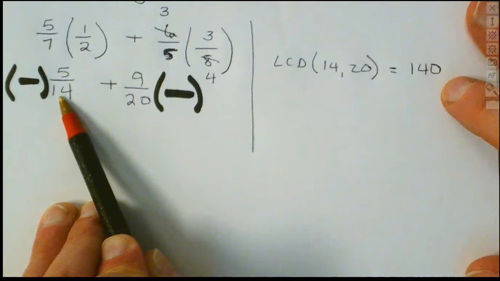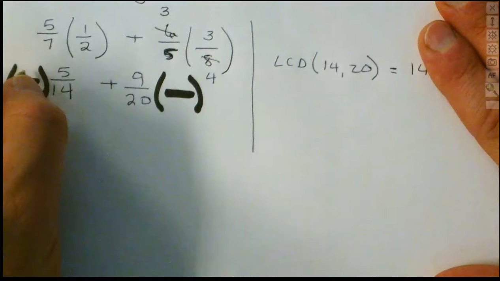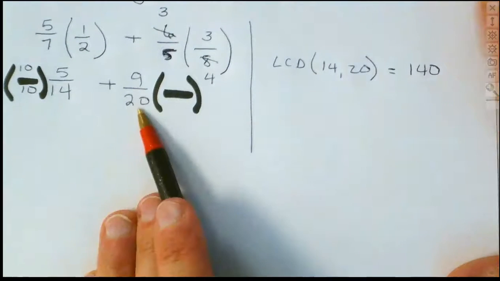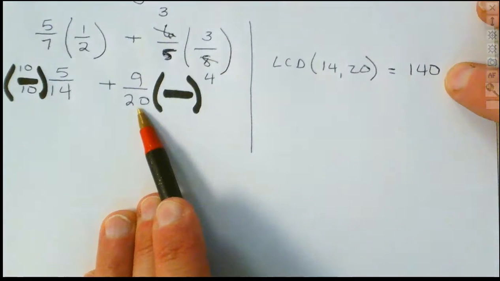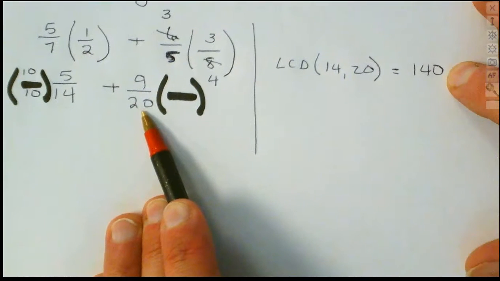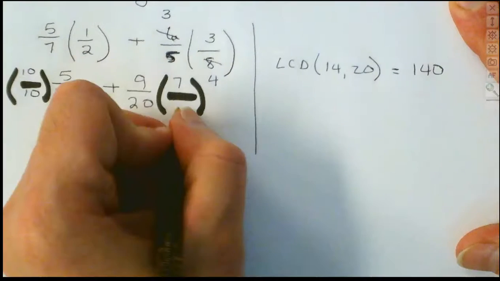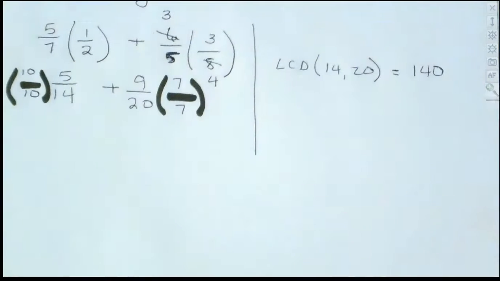Someone tell me? 14 times 10, right? Okay, so we're going to use a 10 over 10 here. 20 times what makes it 140? 20 times, in this case, 7, right? So 20 times 7 is 140. So we're going to use a 7 over 7.